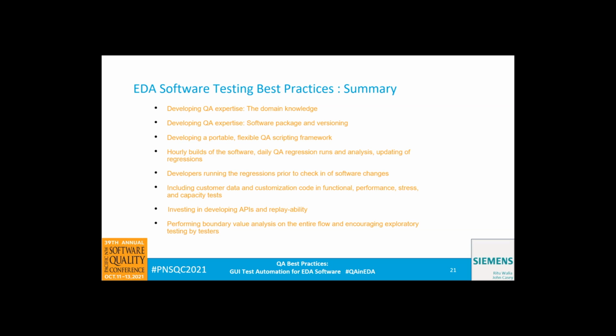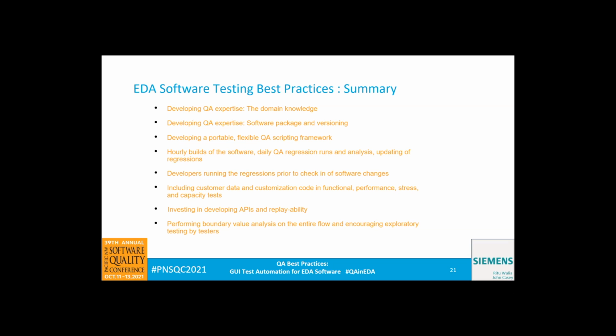It is also very important to develop a portable, flexible QA scripting framework designed for inter-process communication and hiding of graphical implementation specifics. Performing hourly builds of the software, daily QA regression runs, and analysis and updating of regressions are also incredibly important. We also have to keep a check on the process of developers running the regression prior to the check-in of software changes. So a QA tester should be mindful of that as well.